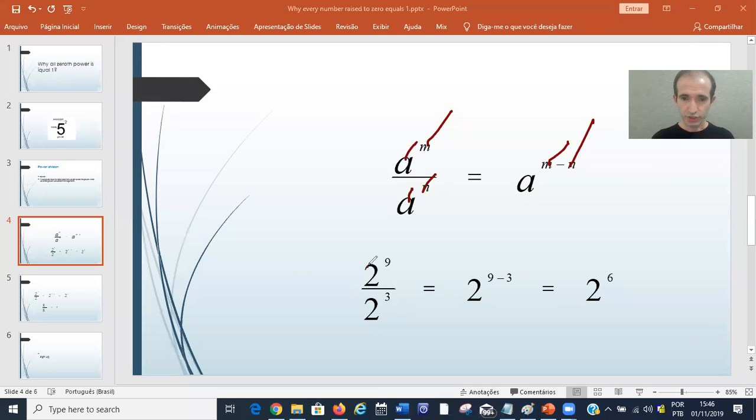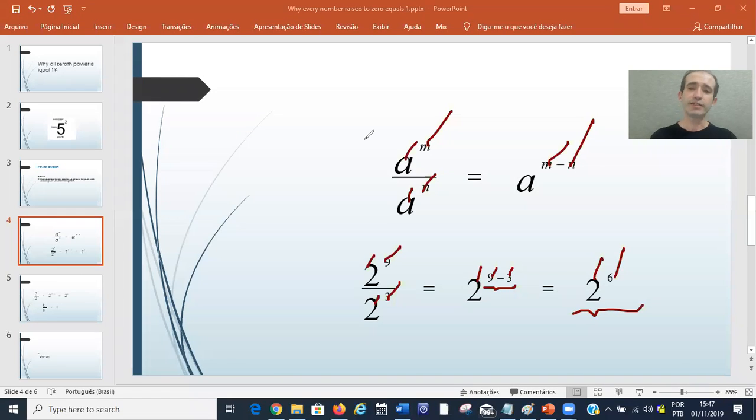Let's see. 2 to the ninth power divided by 2 to the third power. What is the result? We can see here 2 to the ninth minus third. You can subtract the exponents, right? 9 minus 3, and you get the result 2 to the sixth power.